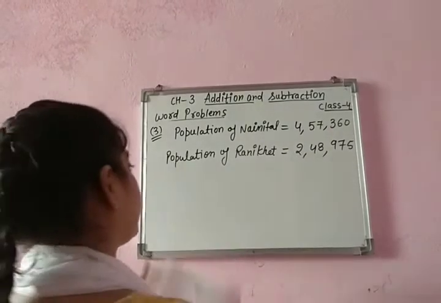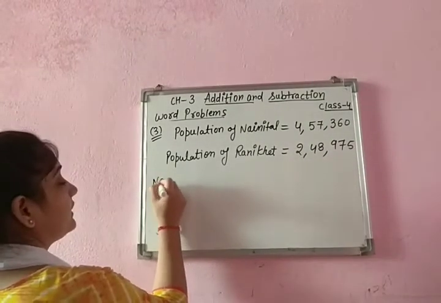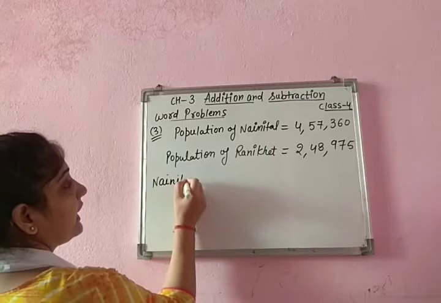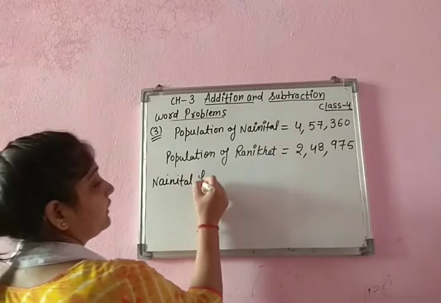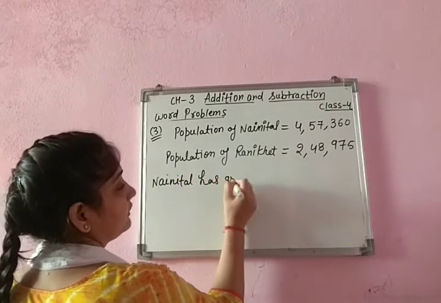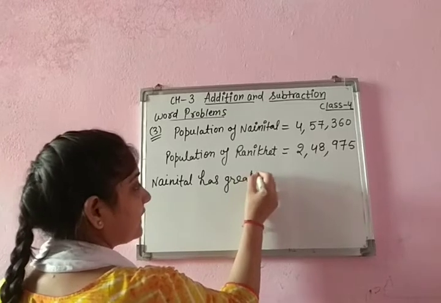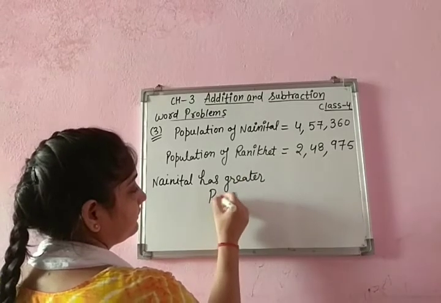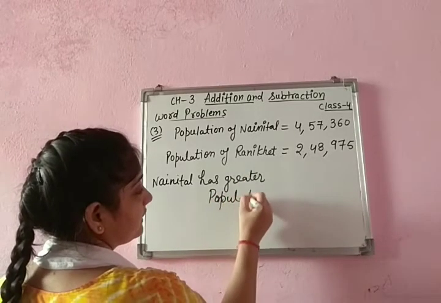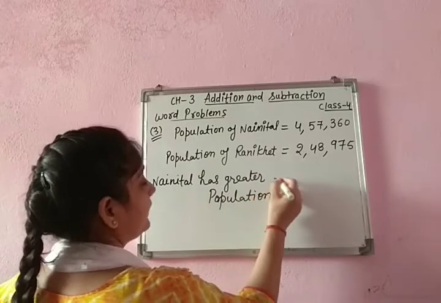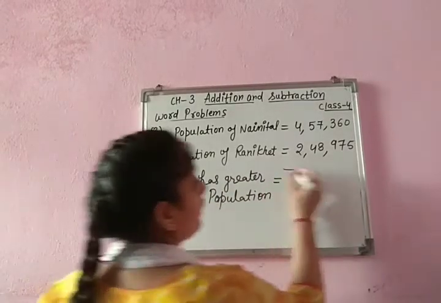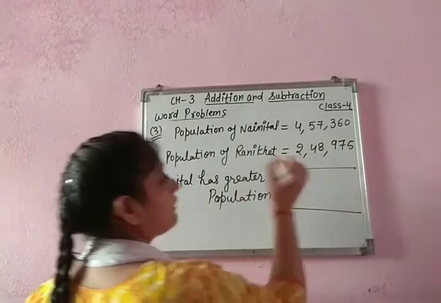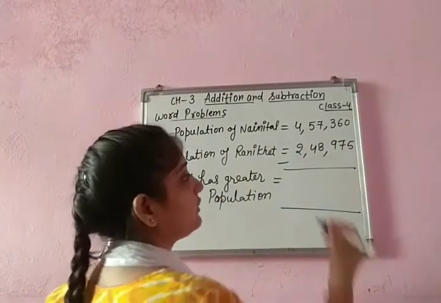So which town has greater population? We will write Nainital has greater population. And how much more, beta, for that what will we do? You have to do subtraction.